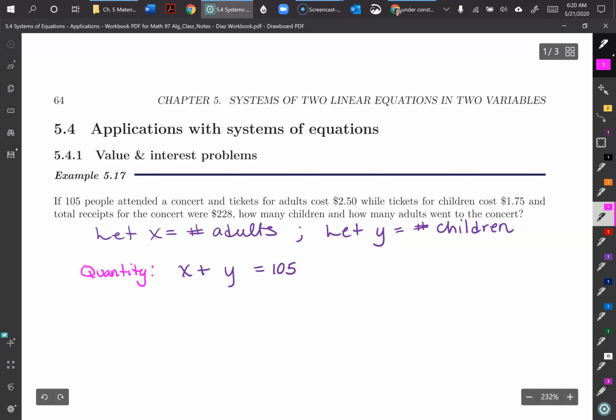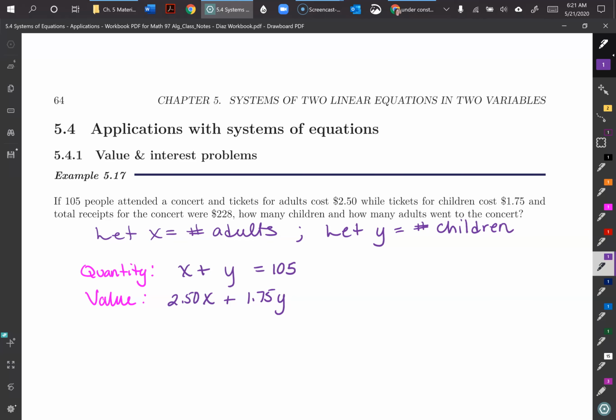And my value, my money part, is set up as $2.50, or you can just write 2.5X, plus the $1.75 for the children's tickets times the number of children tickets, Y, equals $228.